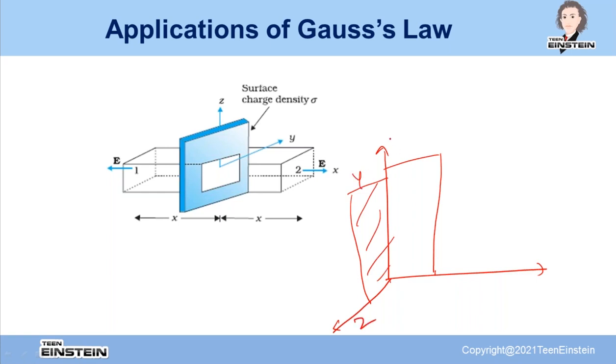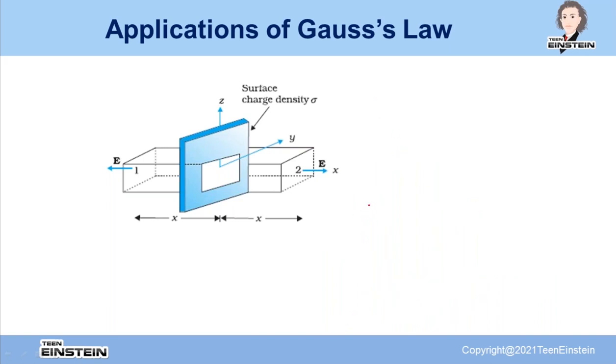So when I say infinite plane, if you take the xy plane, you just increase x and y infinitely, but the z direction will not be infinite. That means you have a thin sheet. An infinite plane sheet means you have a very thin sheet but very long in both directions. This direction I can increase infinitely, this direction also, but the other direction is not infinite.